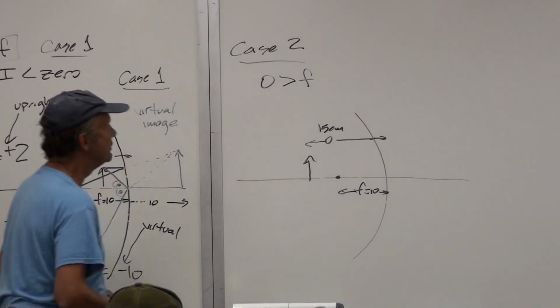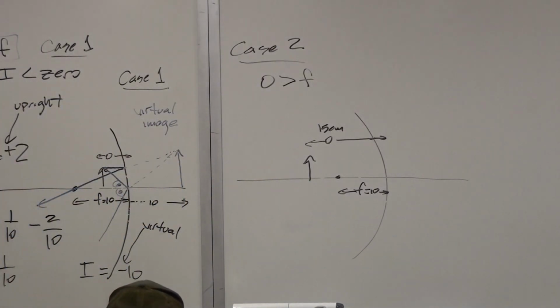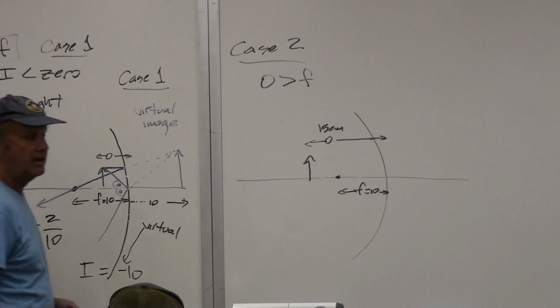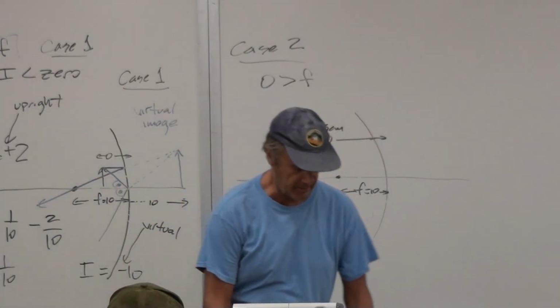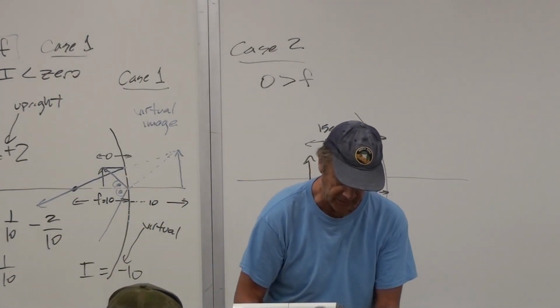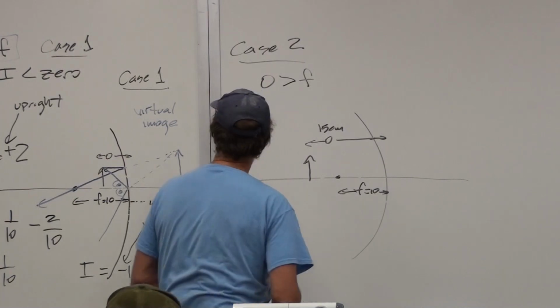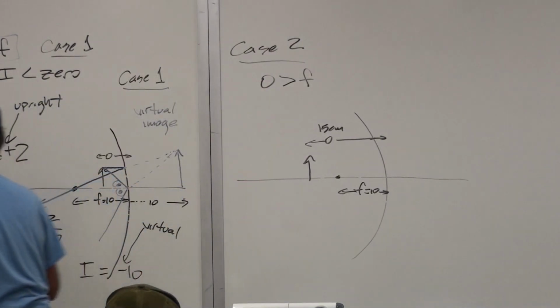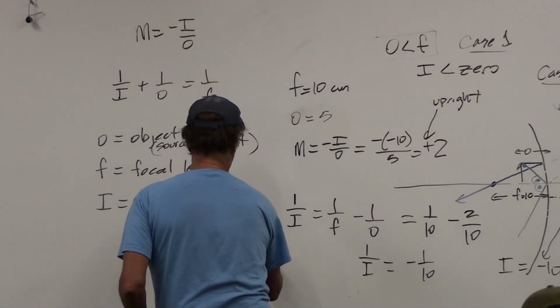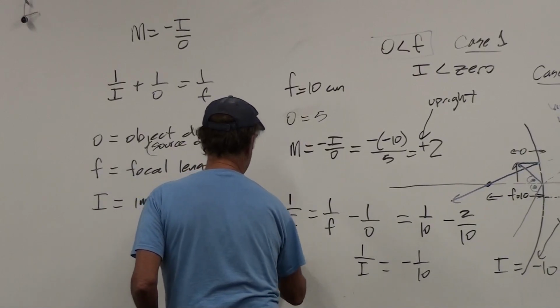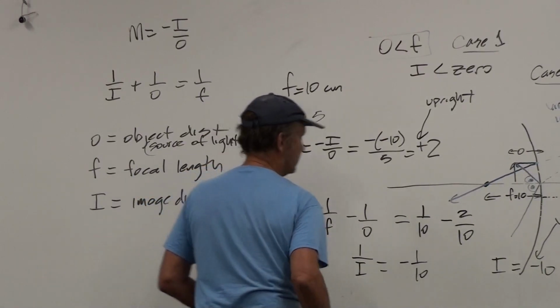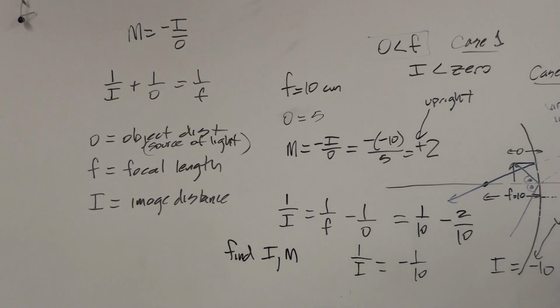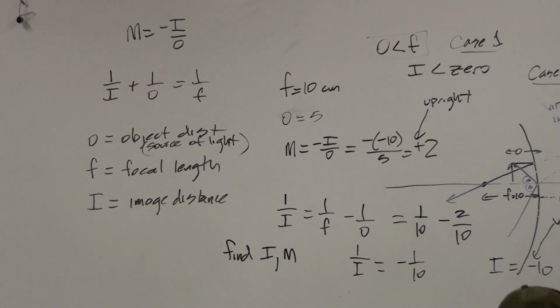And let's see what the math does, and then let's try to draw a ray diagram to verify that the math is giving us the right answer. Okay, so again, what we're going to be doing in these problems is find I and the magnification. Those are the things that we're looking for, given O and F.